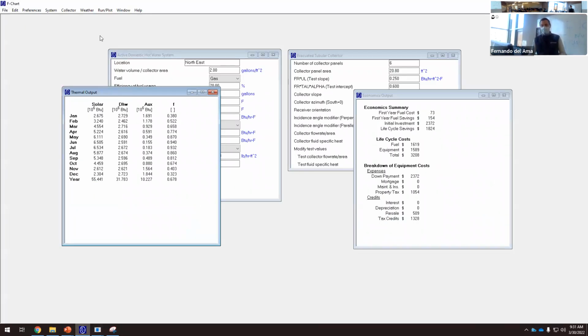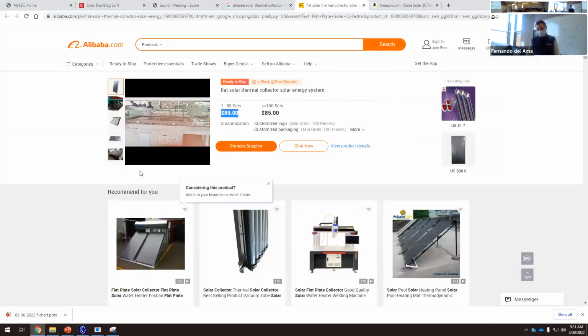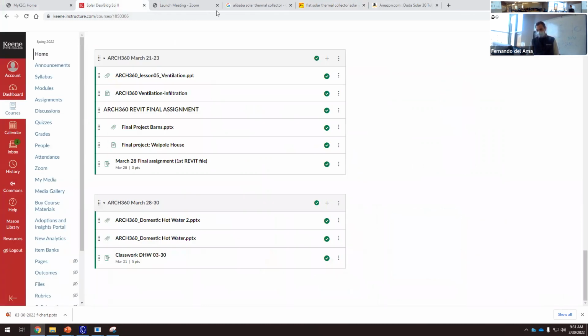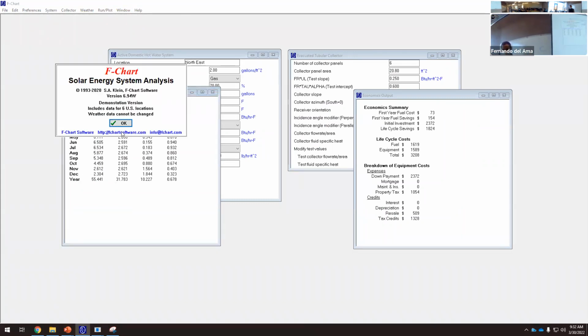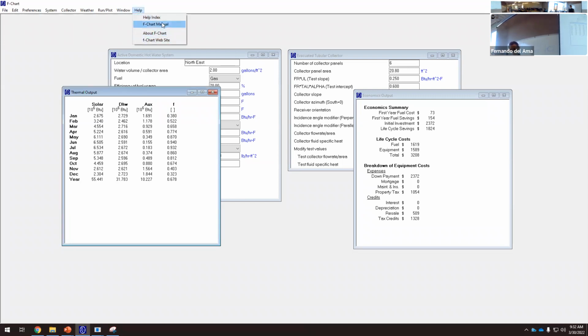So that's interesting, because in the F chart, you see that we have help here, and we have the manual. So you can click here, and can you download the manual if you click there?